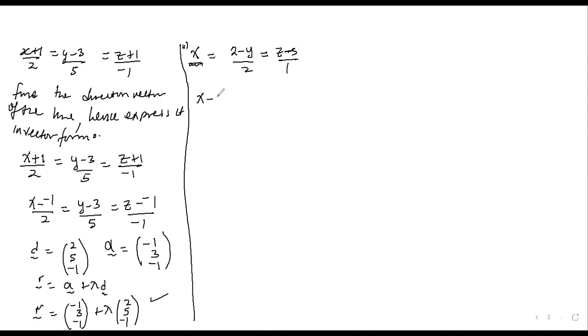It is the same as saying x minus 0 over 1 is going to be equal to, now factor out the negative, you will realize y minus 2. Do you see that? Then divide by 2. This is going to give us z minus 5 over 1.